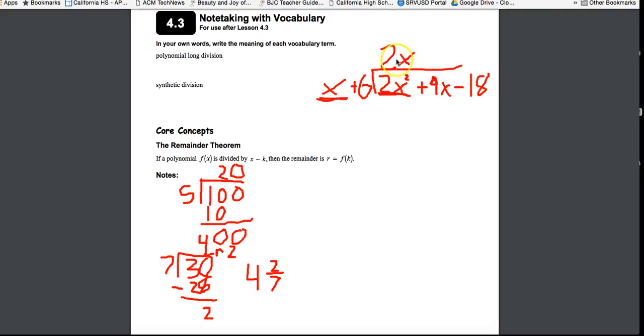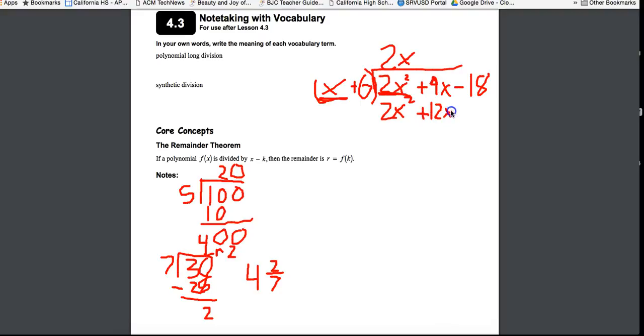Another way of saying that is x times 2x equals 2x squared. Now, our next step is to multiply 2x by this whole term right here, by our divisor. So we get 2x times x, that's going to be 2x squared. And then we multiply 2x times positive 6, so we get positive 12x.